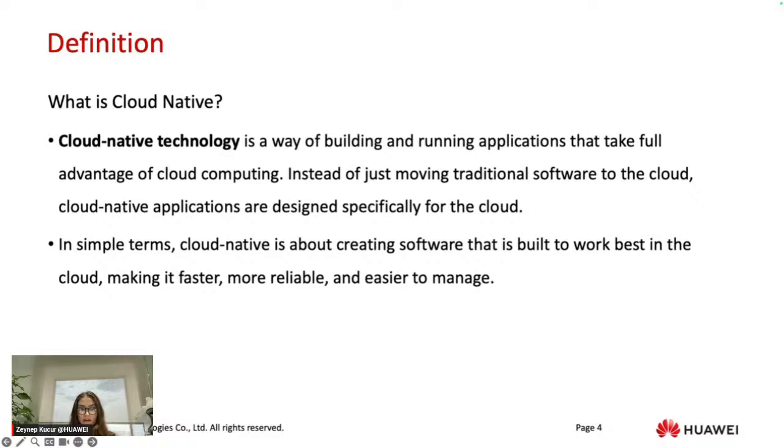Cloud-native technology is a way of building and running applications that take full advantage of cloud computing. Instead of just moving traditional software to the cloud, cloud-native applications are designed specifically for the cloud. These applications are made up of small independent parts called microservices, which are packaged into containers.